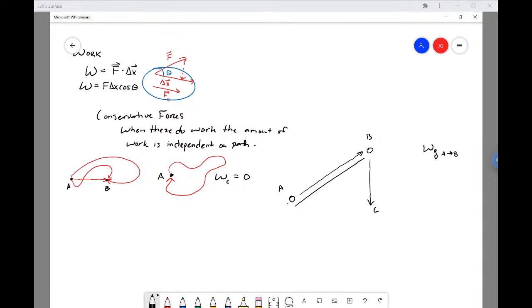If work is this dot product between force and displacement, well, in this case, we don't have displacement in a straight line. We have displacement at a diagonal. Well, it is a straight line, but it's not one-dimensional.